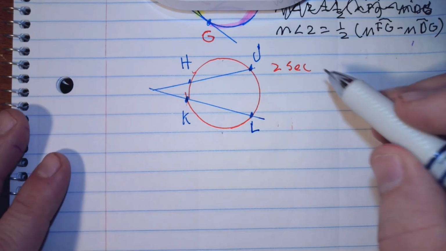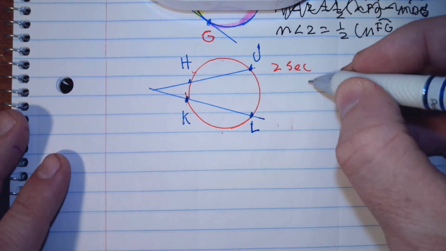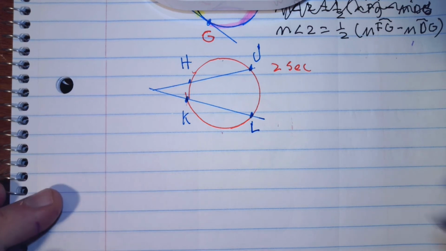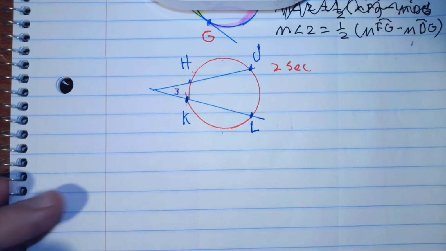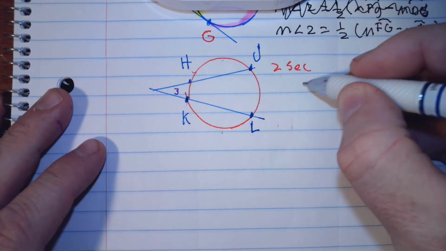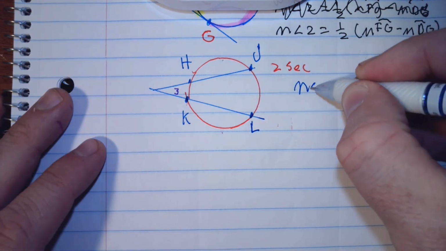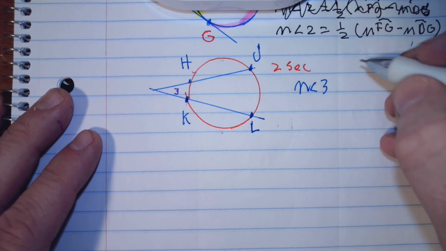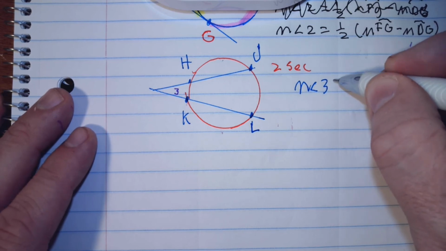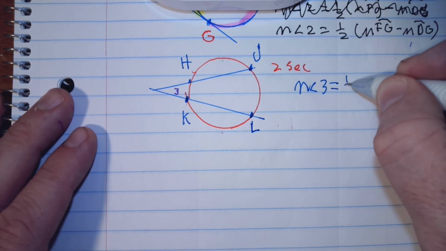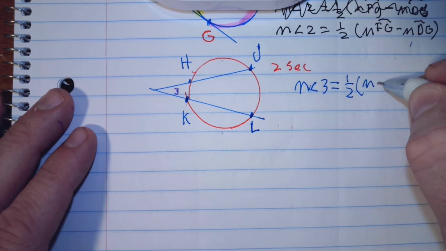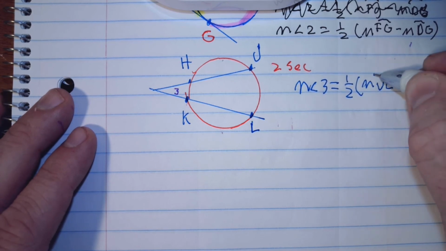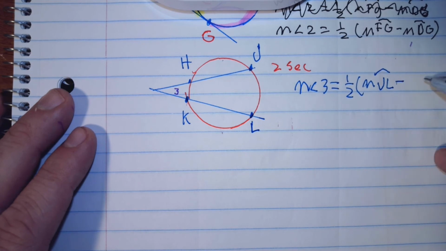All right, here we go with this formula. So this is going to be, let's call it angle 3. So this is going to be the measure of angle 3 is going to equal 1/2 the measure of JL, that's the arc, minus the measure of HK.